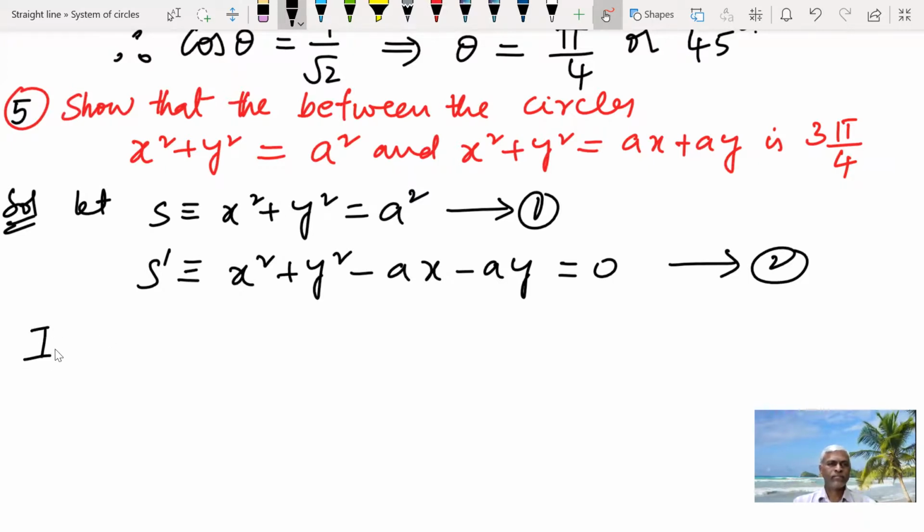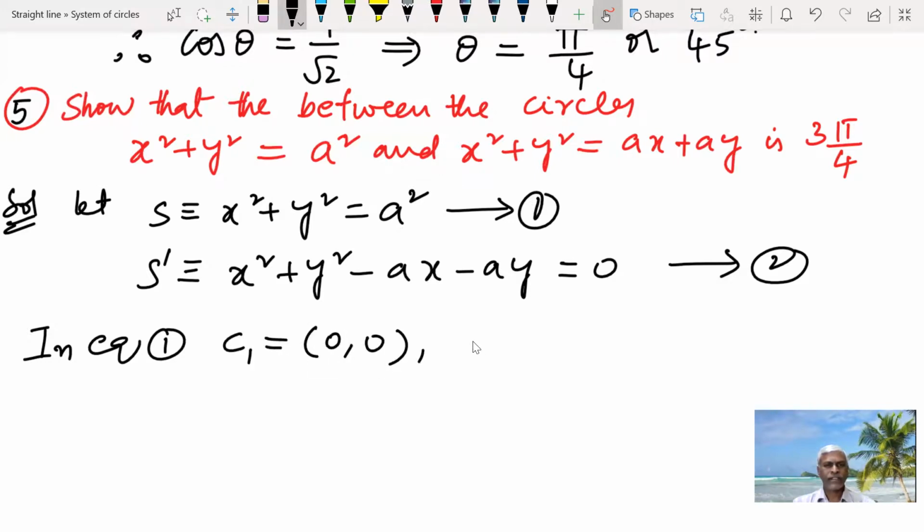Now in equation 1, this circle center is 0, 0 and radius is a. We can directly write that the center of this one is the origin and the radius is a.